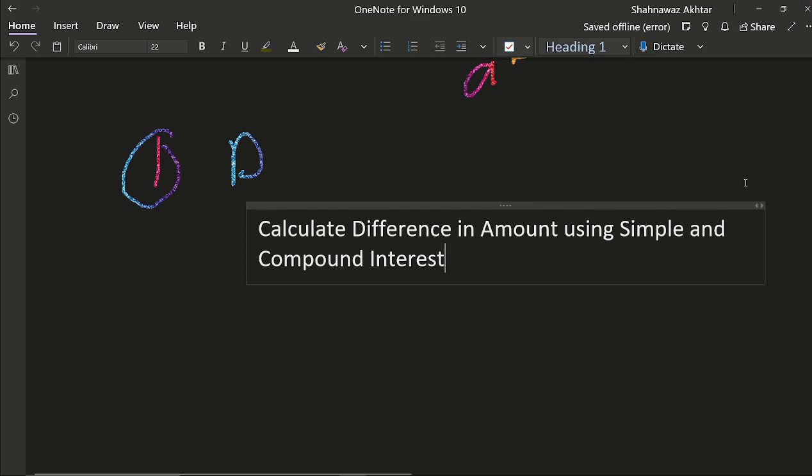See, you know the formula for calculating simple interest, you know the formula for calculating compound interest, and you directly know the formula for the amount for the compound interest.